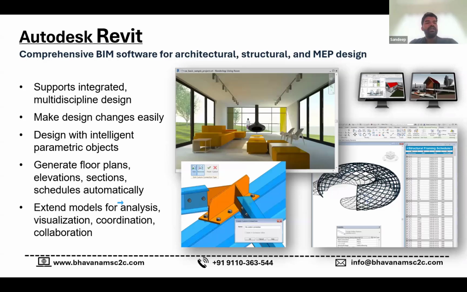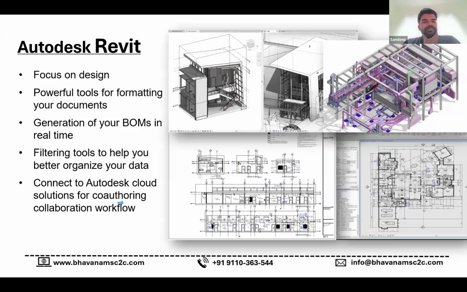The next one I am concentrating on is that you can see in the small pictures, you will be able to see the architecture part, structure part, the floor plans, elevations, and MEP part also. So this allows us to format the documents in all the ways.